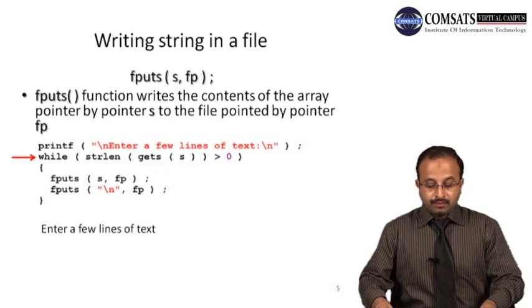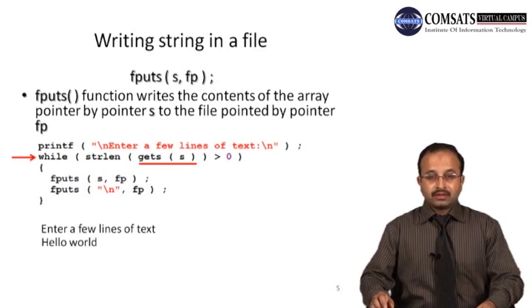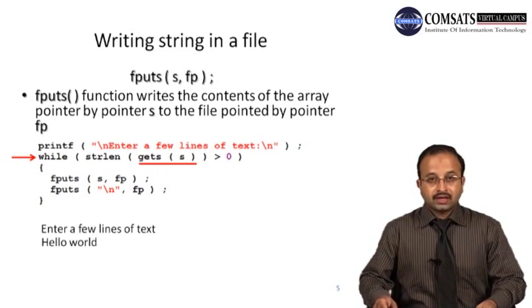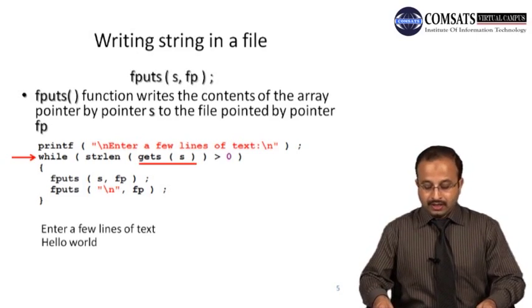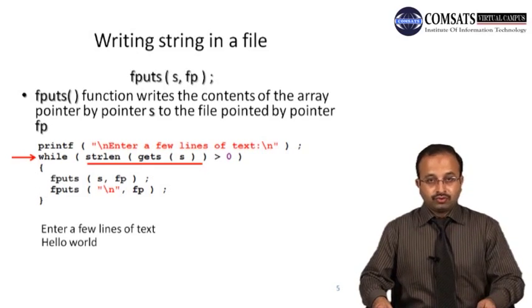So first this function will be executed, you write something on the screen and then you press the enter key. This means your input is complete. Now that hello world string will be assigned to array s, that is a character array, and then you calculate the length of that array, and if the length is greater than 0, then the condition in the while loop is true.